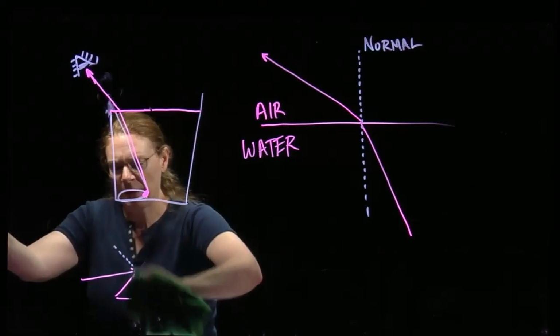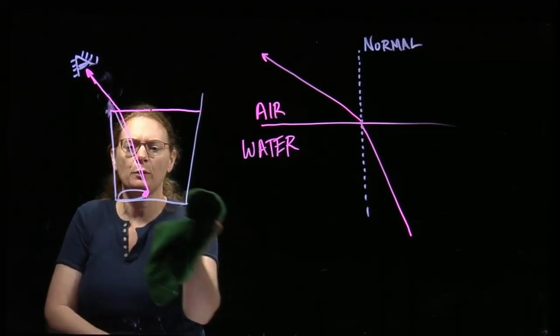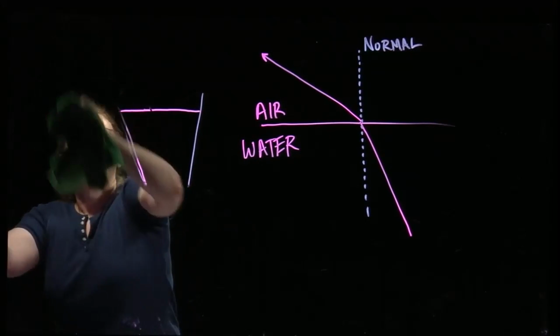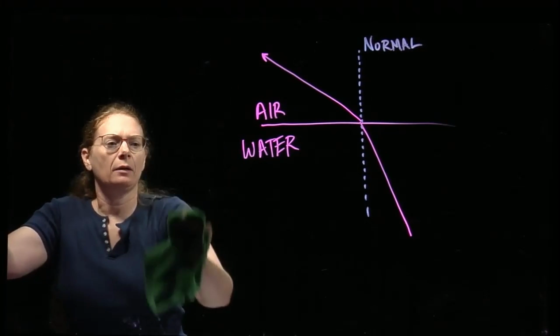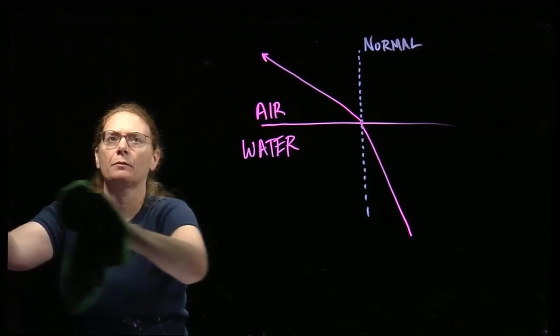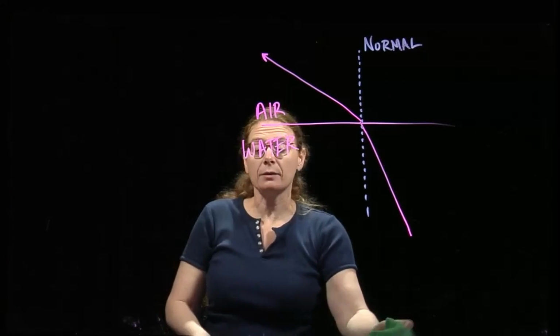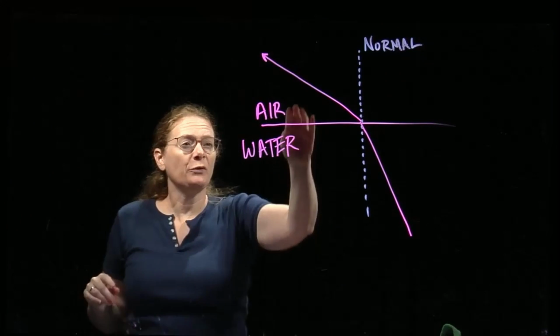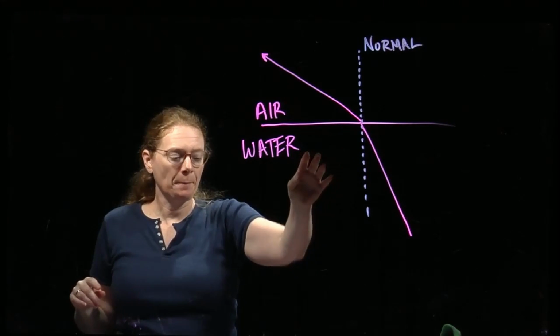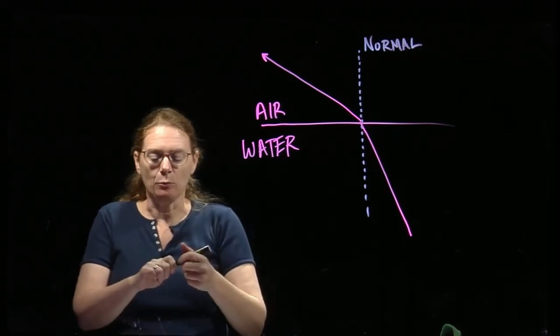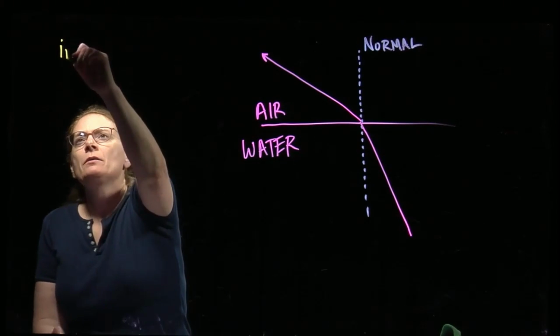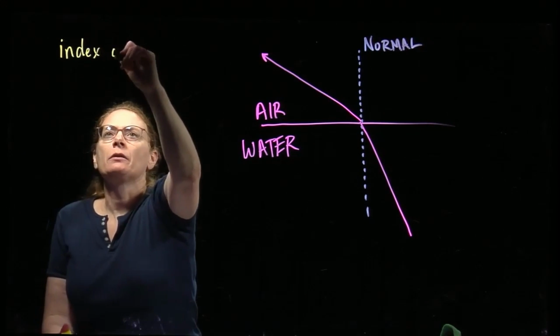Just make your best guess. Most people think it moves faster through air, and that is correct. So the light moves faster here, slower in water. This idea of how fast light moves is called the index of refraction.